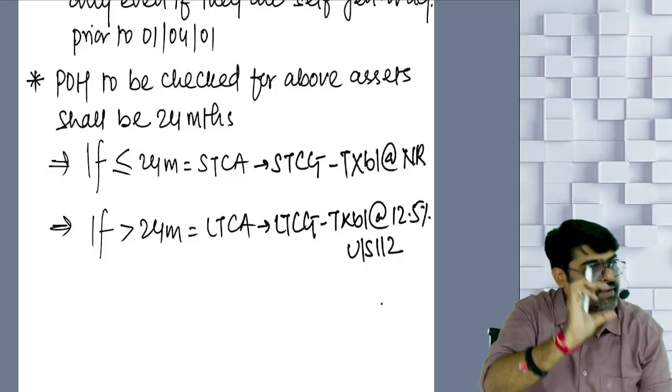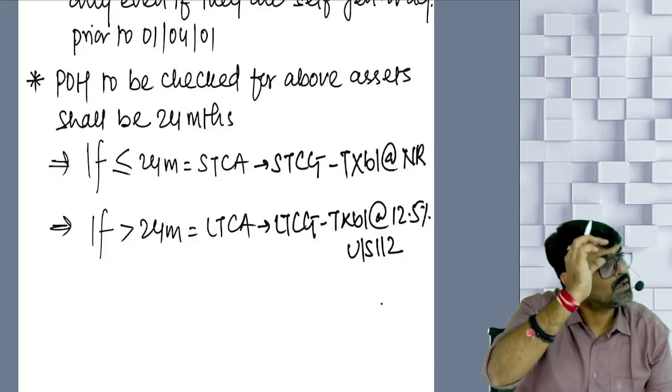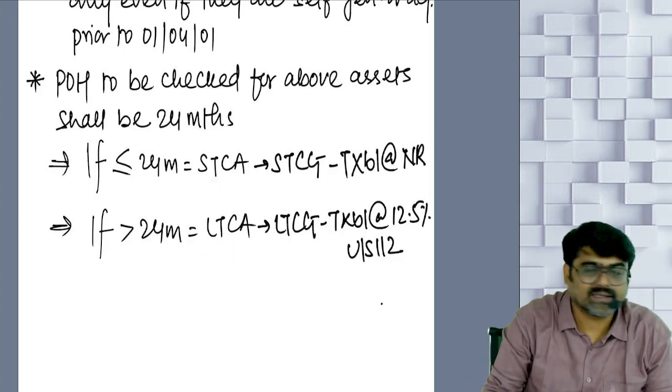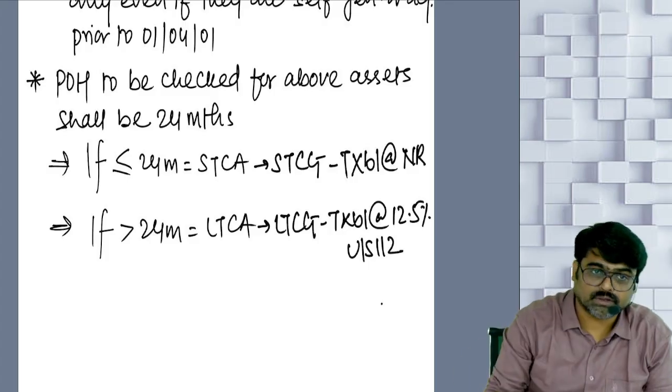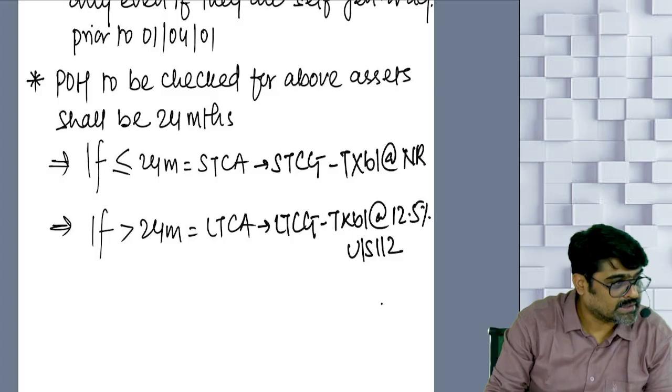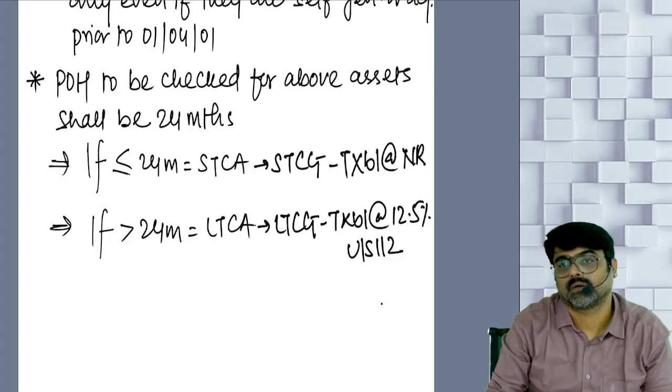That period of holding, 24 months or less, or more than 24 months, will decide whether the asset was short term or long term. Understood? What will be the period of holding? Did you understand?